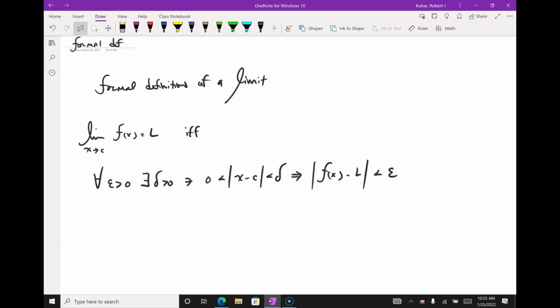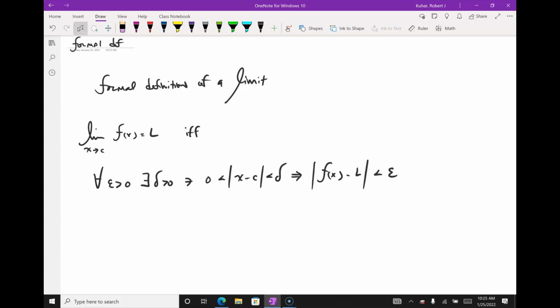Again, the limit as x goes to c of f of x is L if and only if, equivalent to this statement: for every epsilon greater than 0, there exists a delta greater than 0 such that 0 is less than the absolute value of x minus c is less than delta, implies the absolute value of the function minus the limit is less than epsilon.